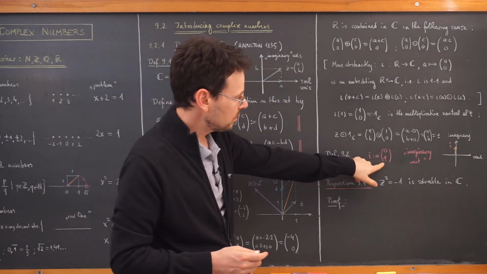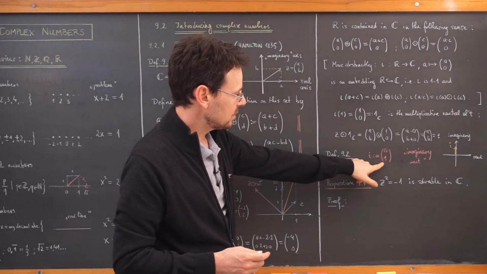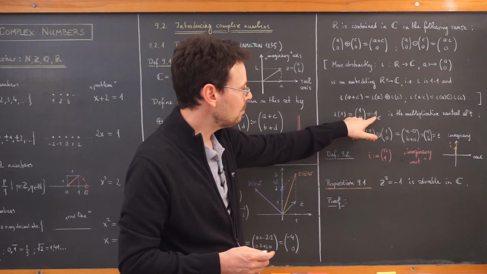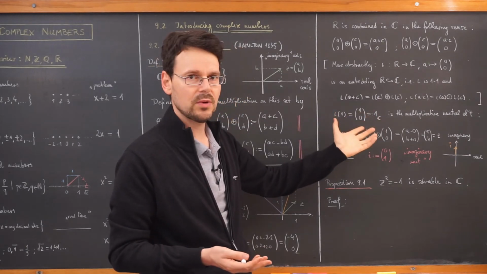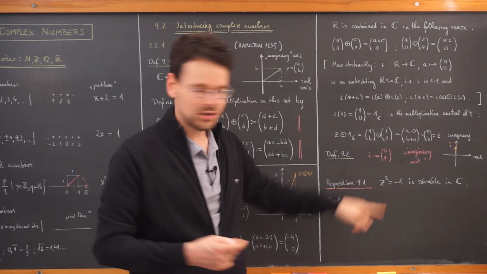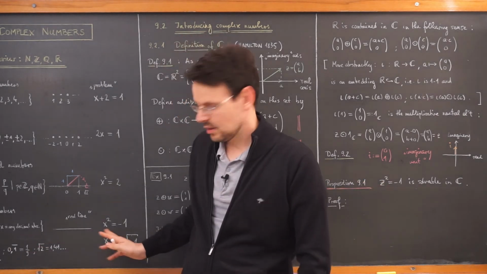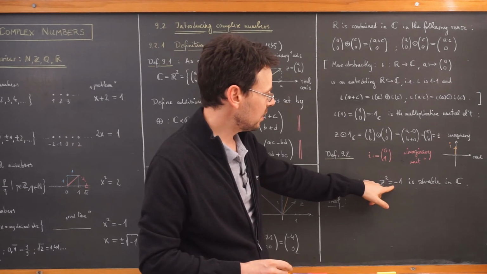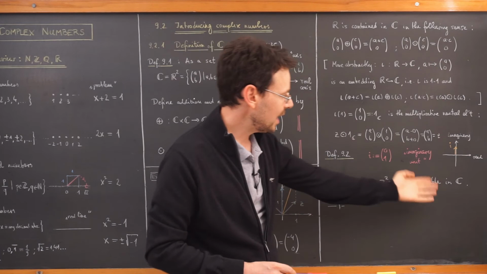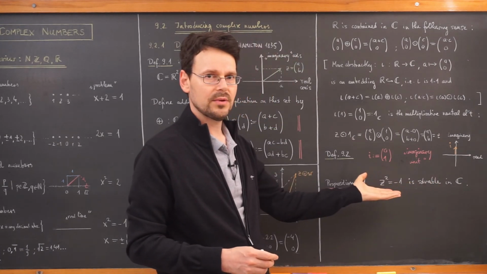Now the most important property of this number is that if I square it, I get minus 1. So in this sense, the equation z squared equals minus 1, this was our starting point, meaning minus this vector, has solutions in the complex numbers.